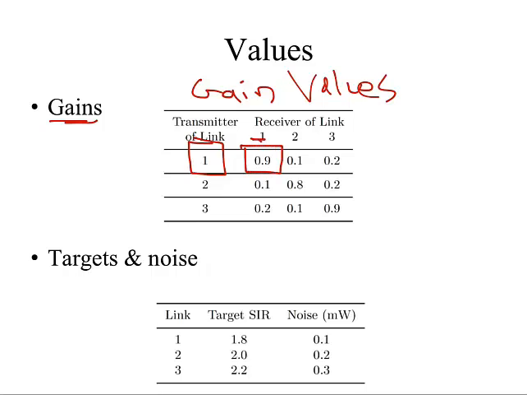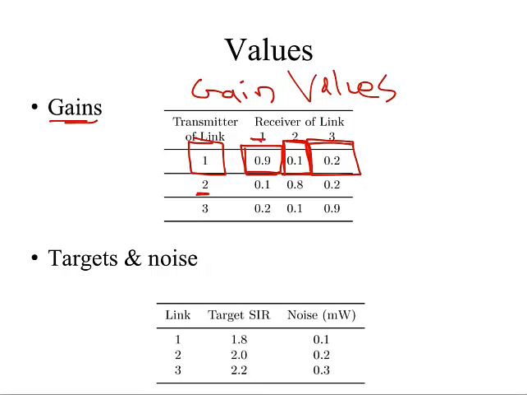So that means that 90% of the signal actually arrives at recipient 1. And at the same time, we have 10% or 0.1 of that signal arriving at receiver 2, which is the interfering gain, and we have 20% or 0.2 arriving at link 3.